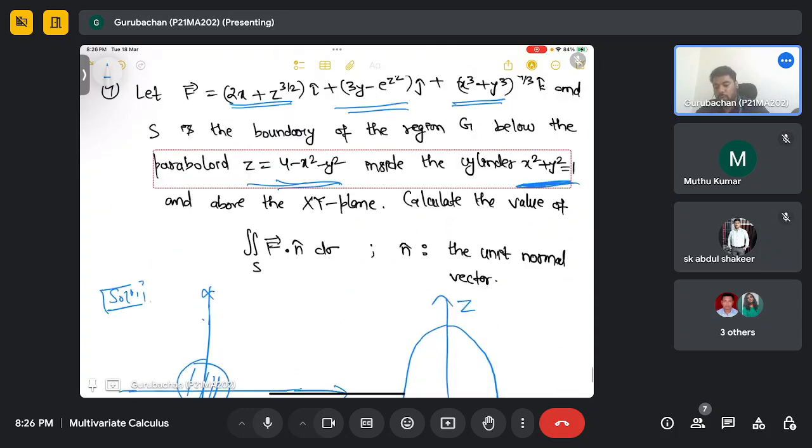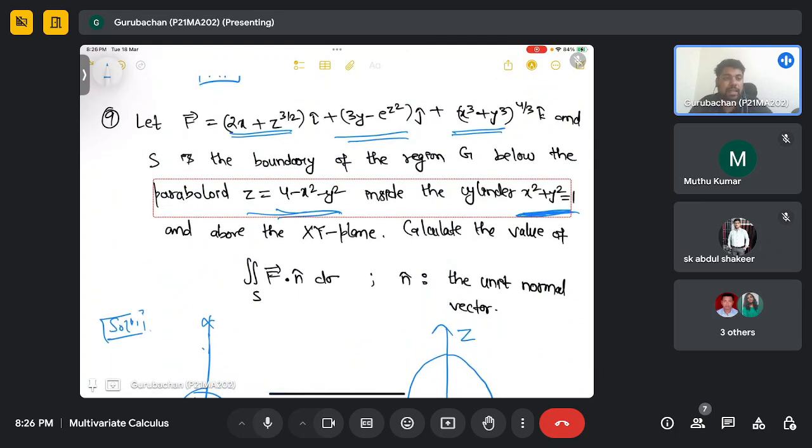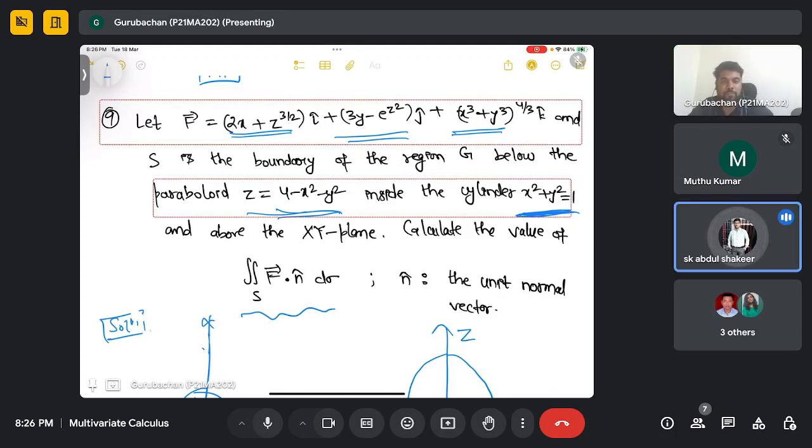Now tell me, if you go with directly calculating this surface integral, will it be easy to calculate? No, sir, very difficult, because of the cylinder. So this is the beauty of the Gauss divergence theorem.